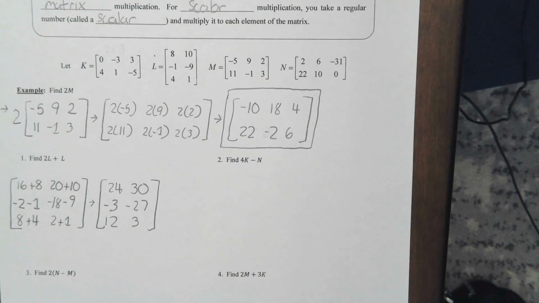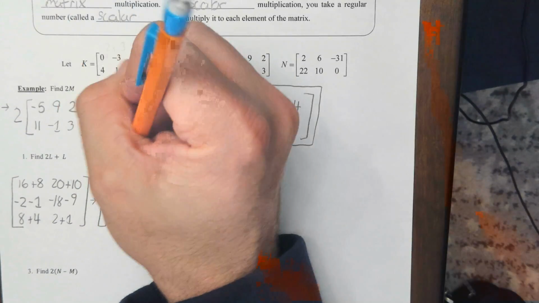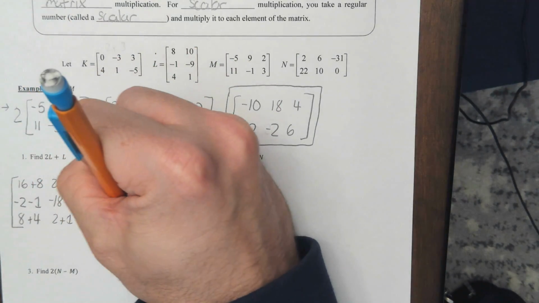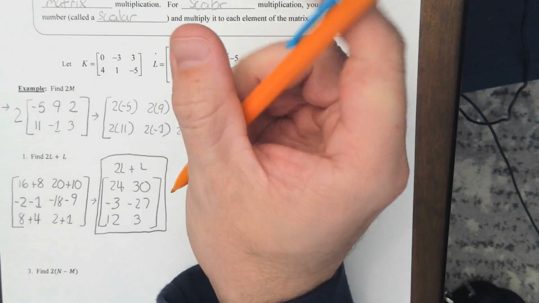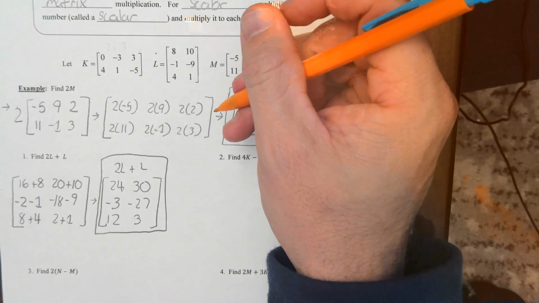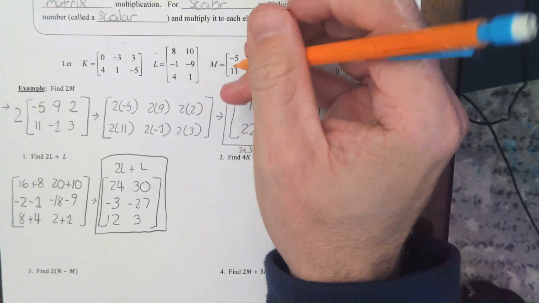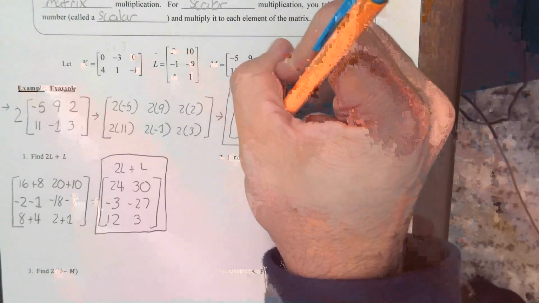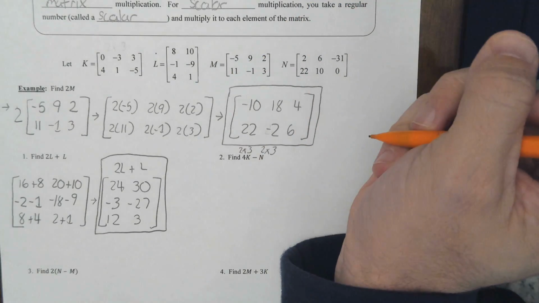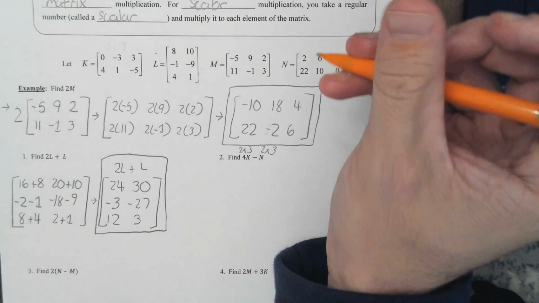There's your 2L plus L. Okay, 4K minus N. Again, K is a 2 by 3, and N is also a 2 by 3, so we're okay here. We can go ahead and subtract the 2.